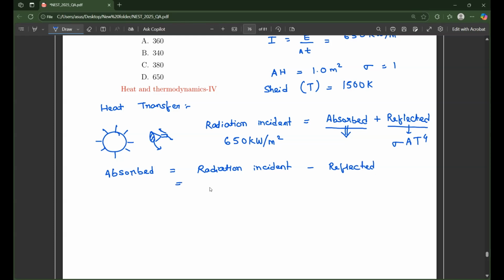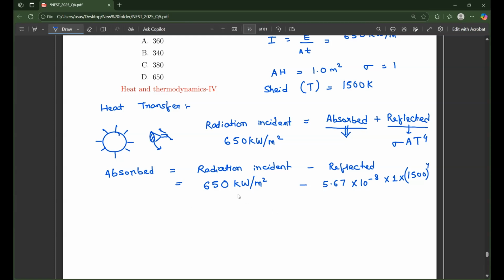So the incident radiation is 650 kilowatt per meter square, and for the reflected, the value of sigma is a constant, that is 5.67 into 10 raised to power minus 8, into the area, that is equal to 1, and the temperature of the Parker solar probe, that is 1500 raised to power 4.